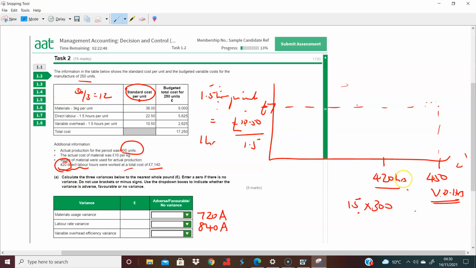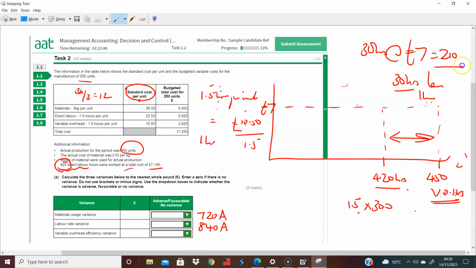So the efficiency is 30 hours favorable. You have done 30 hours less than you should have. And that 30 hours less charged at £7, which is the standard, is 210. 7 times 3 is 21. So that's £210 favorable.